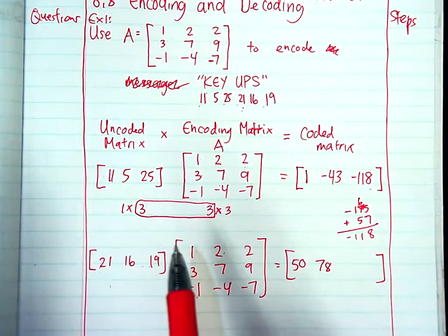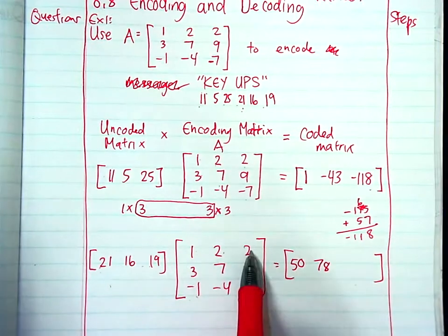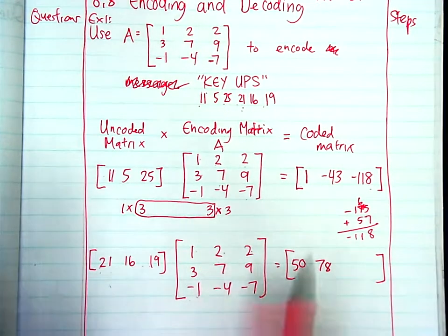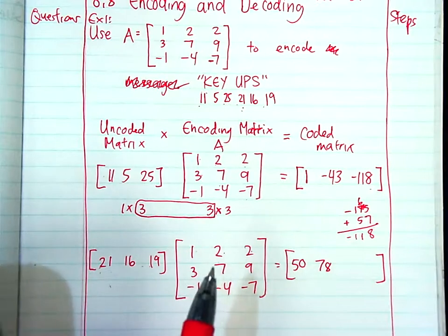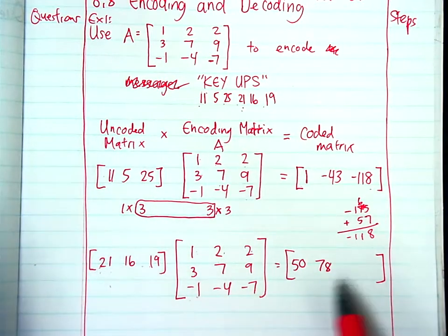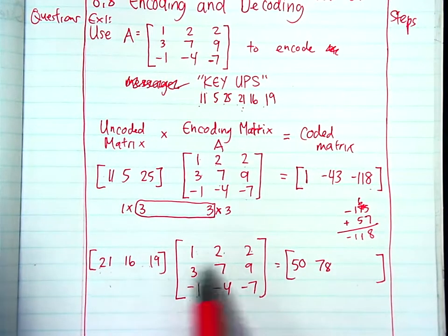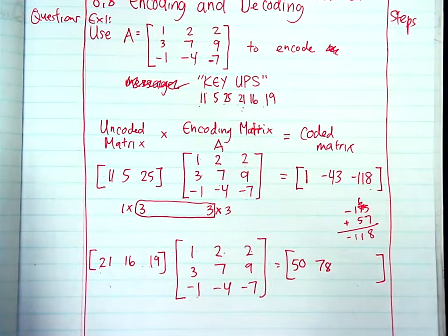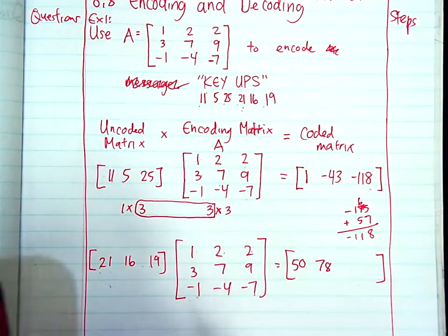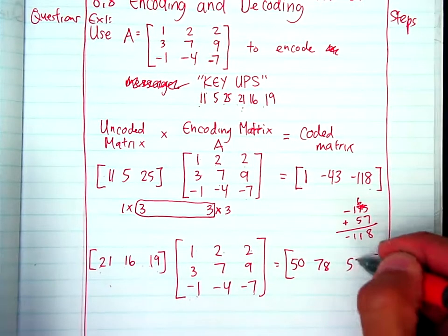Then the next one, 21 times 2 is 42. 16 times 9 is 144. If I add that up, that's 186, and then 19 times negative 7 is negative 133. So it would be 53.